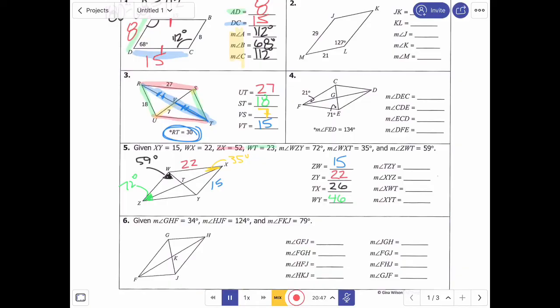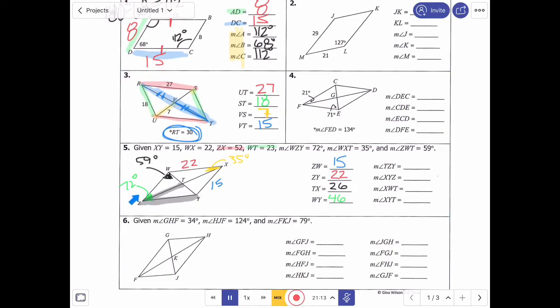With angle TZY, that would be this angle that I'm highlighting. Okay, I know that angle WZY, so the whole angle on this side, this whole thing is 72. I just want this piece of it. I don't want the whole thing.